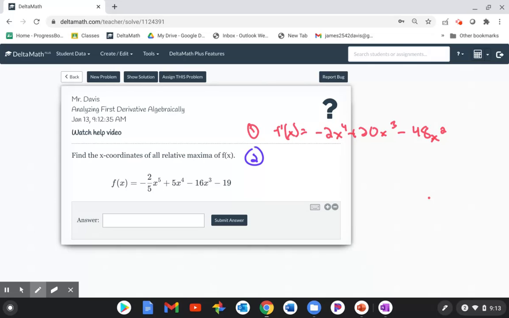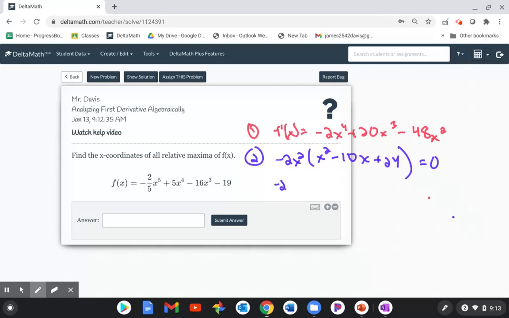So looking for your greatest common factor, there definitely is a negative 2 in everything, and they'll have an x squared. So I'm going to pull that out, negative 2x squared, and then we'd be left with x squared minus 10x plus 24. Set this equal to 0.